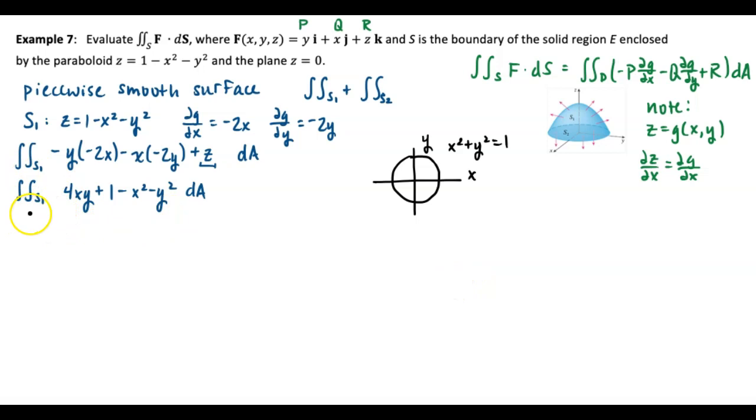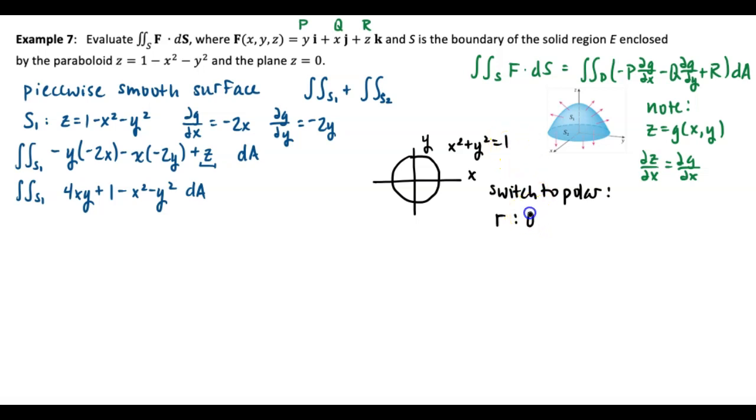Now, I've got everything in terms of x and y. Now I could set my x and y bounds in terms of x and y, but it would get a little bit messy. It would involve square roots, positives and negatives. We don't want that, and so we're going to switch to polar. And when we switch to polar, we need an r value.